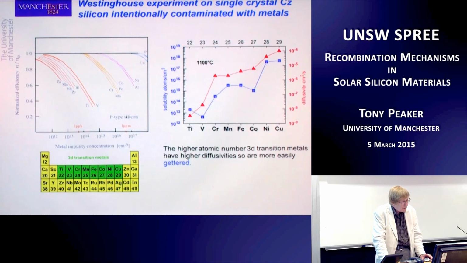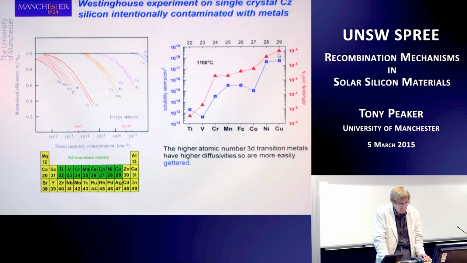The reason is nothing to do with the properties of the metal, but to do with gettering. If you look at the sequence here, it is exactly the sequence that appears in the periodic table. And if you look at things like diffusivity and solubility, not surprisingly, they go exactly or nearly exactly in the sequence of the periodic table. So what all this tremendous work is actually saying is that it's much easier to get copper in than titanium.